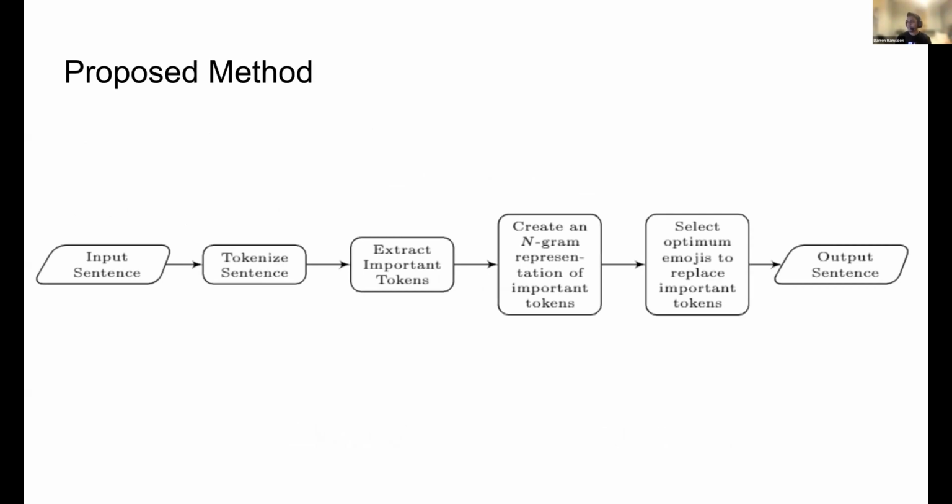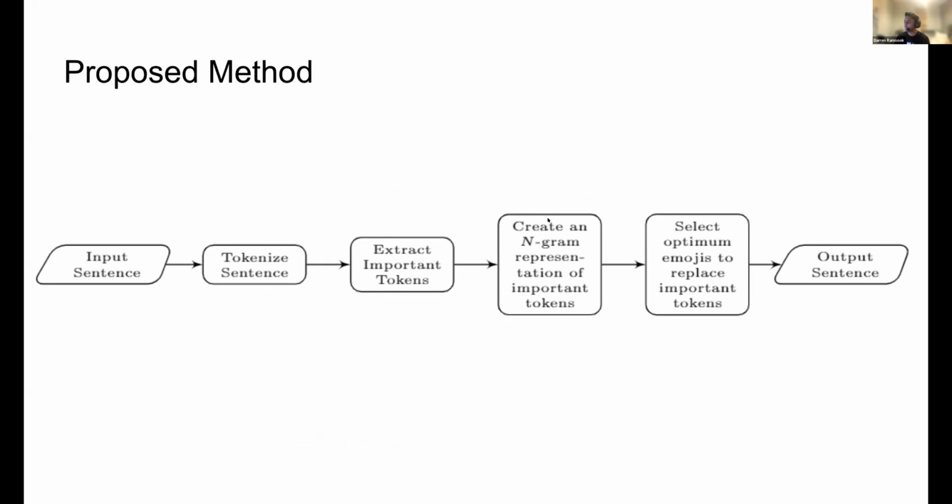So a proposed method takes the input sentence, tokenizes the sentence, and extracts important tokens. We then create an n-gram representation of important tokens, and then we select optimum emojis. I'm going to go through each of these steps in more detail. But something to note is that all steps up until this step could be seen as feature extraction.